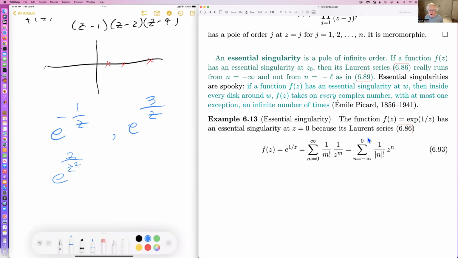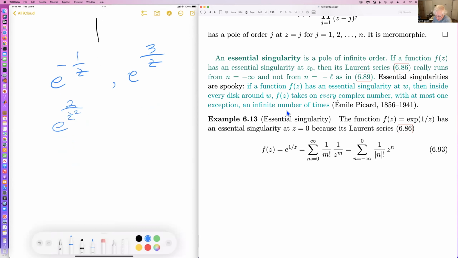These all have essential singularities at z equals 0. And what's remarkable is that this man Picard showed that if a function has an essential singularity at w, then inside every disk around w, f takes on every complex number with at most one exception, an infinite number of times.